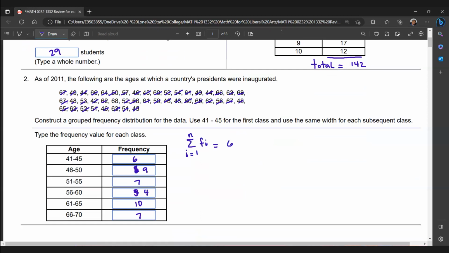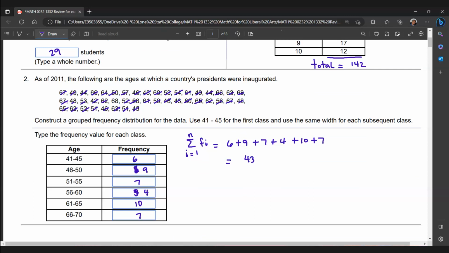That will be 6 plus 9 plus 7 plus 4 plus 10 plus 7. Let's see what that's equal to. And I get 43.